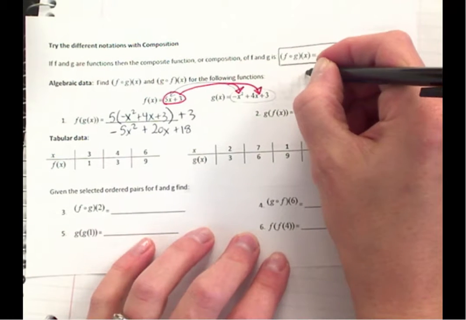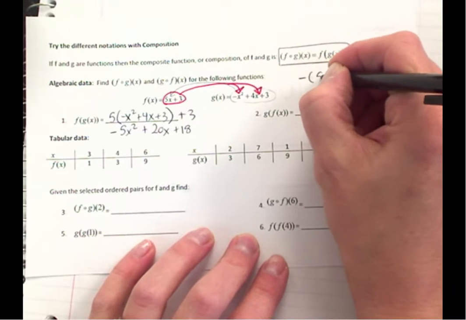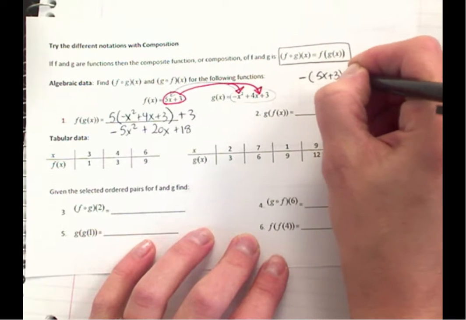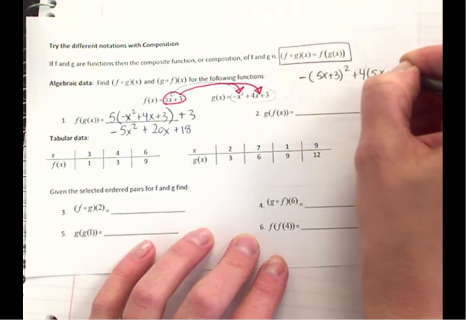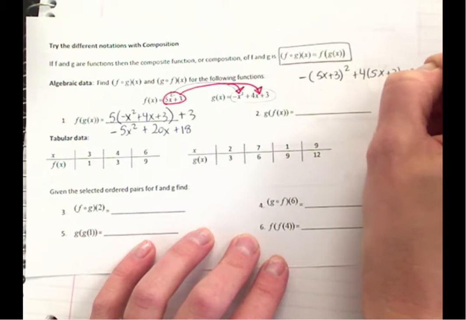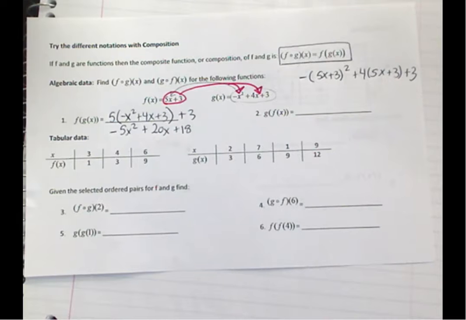Now, I'm going to start up here because this one's a little bit trickier. That's what the initial substitution looks like. Every input is replaced. Whatever F was, you're replacing all of the inputs in the other function.